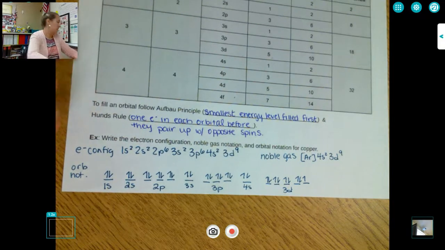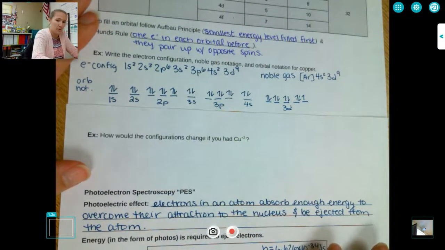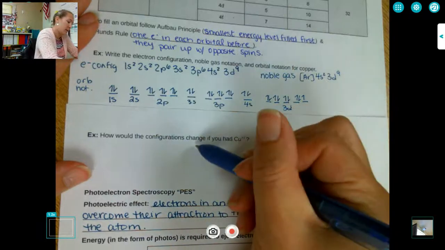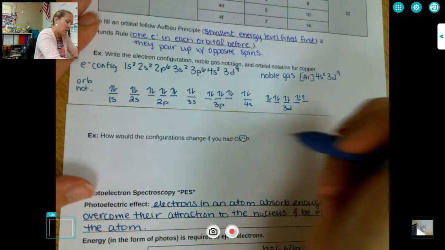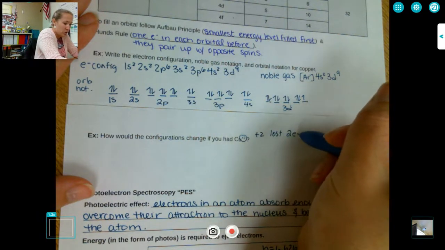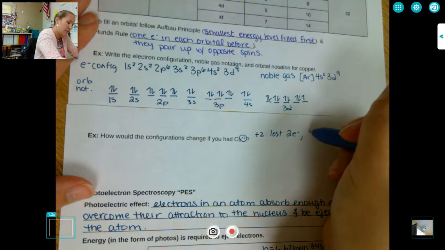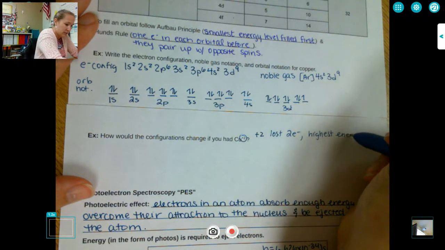All right. Moving on to thinking about how does this change if I have an ion. Okay, so how would my electron configurations change if I had copper plus 2? Well, plus 2 means that I lost 2 electrons, and they're going to be lost from the highest energy level.